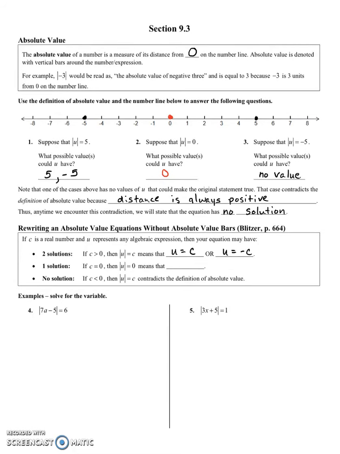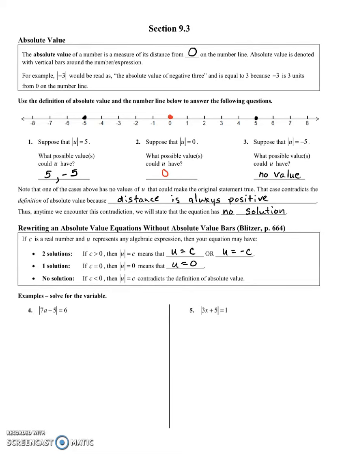So we get two solutions. If c is 0, that means u equals 0, and that's the only solution. And if c is a negative number, it contradicts the definition of the absolute value.